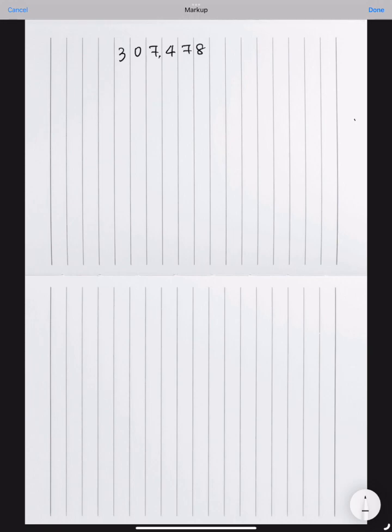307,478. As you've noticed, my notebook, I just tilted. So you can just simply turn your notebook to the side. Plus 95,061.